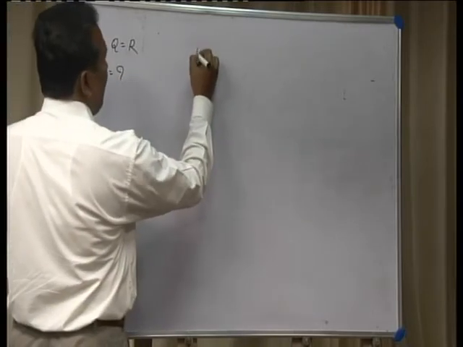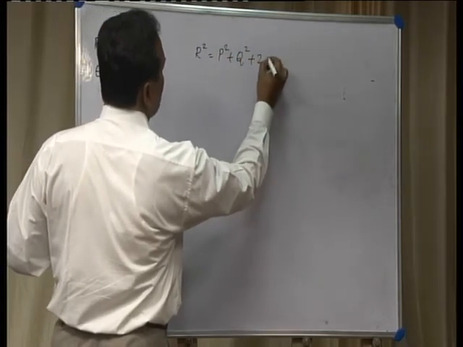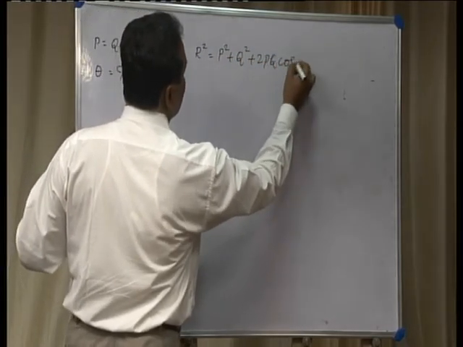Once again recall, R square is equal to P square plus Q square plus 2 PQ cos theta.